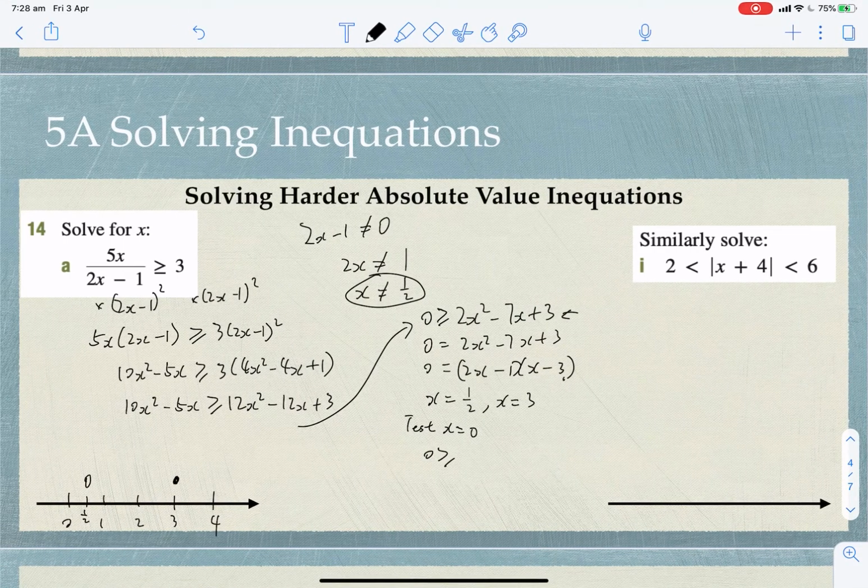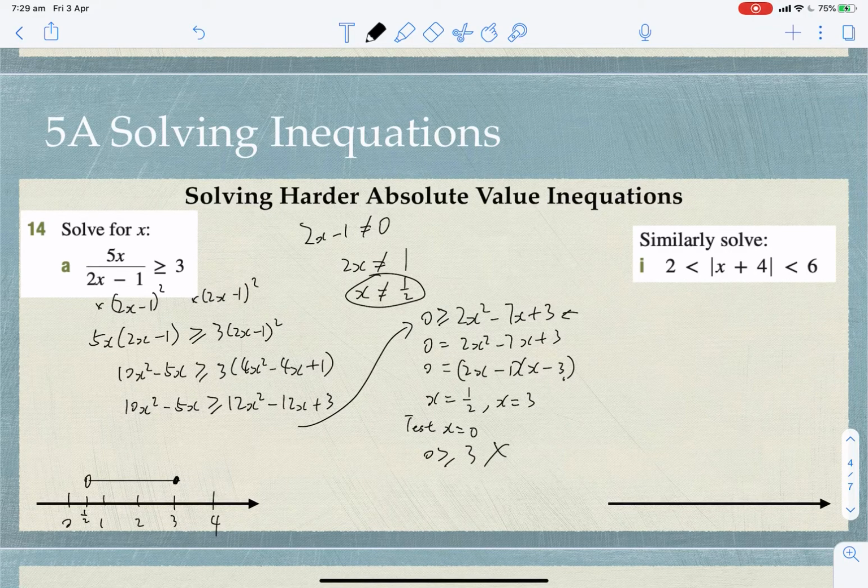So is 0 squared minus 0 plus 3 larger than 0? Does it make sense? No. So 0 is not included in the number line, so it's not the outside, it's the inside. Okay. Yep.